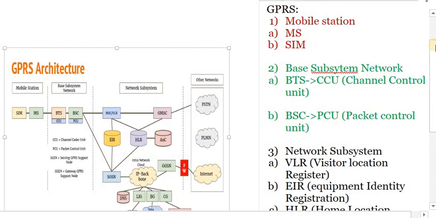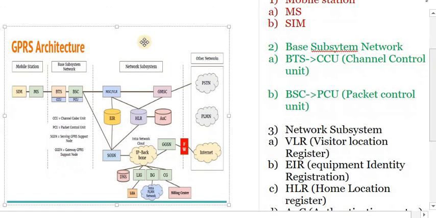In this diagram you can see there is a mobile station, then the base station network, the network subsystem and the other networks. Basically we have to learn what entities are inside the GPRS architecture. For understanding, I am dividing the GPRS architecture into three parts.